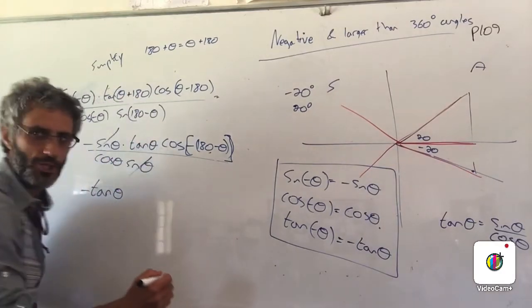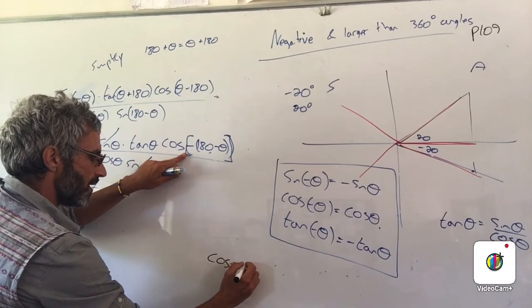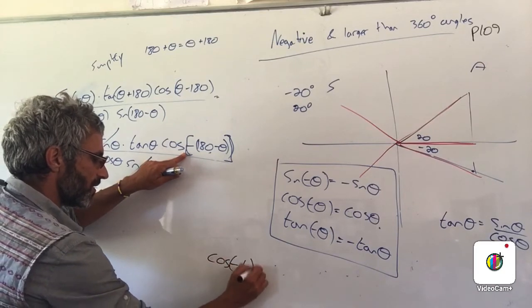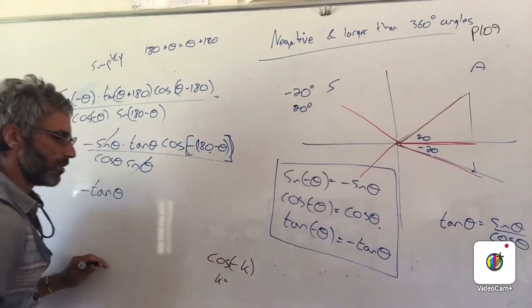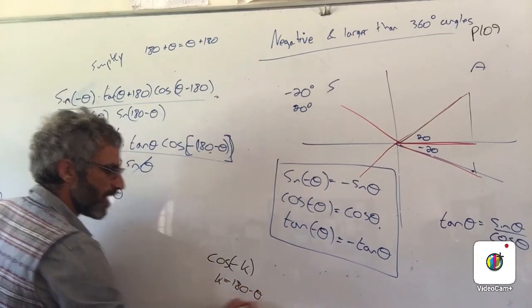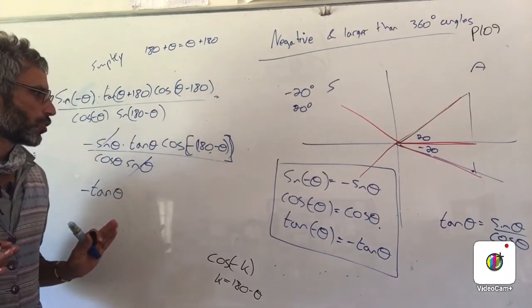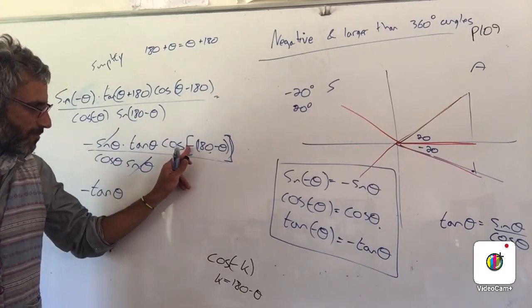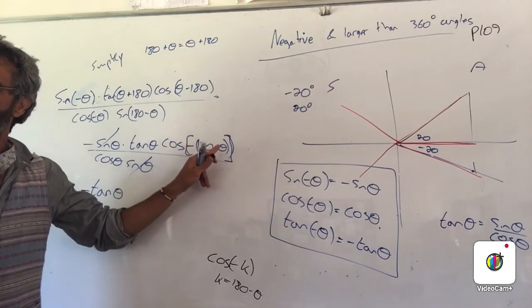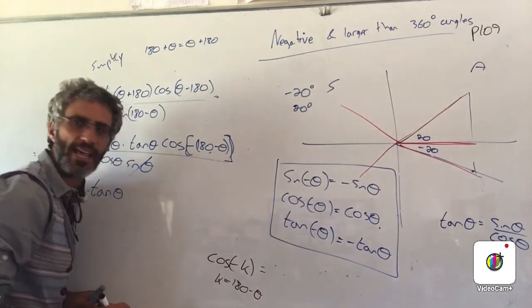Not that I want you to do it, but I can rewrite it as cosine(-K), where K equals what? 180 minus theta, right? I don't want you to do it now. It's the first time I'm just showing you, but I want you to see that this is minus a certain angle. Now, what can that tell me? What is cosine(-K)?